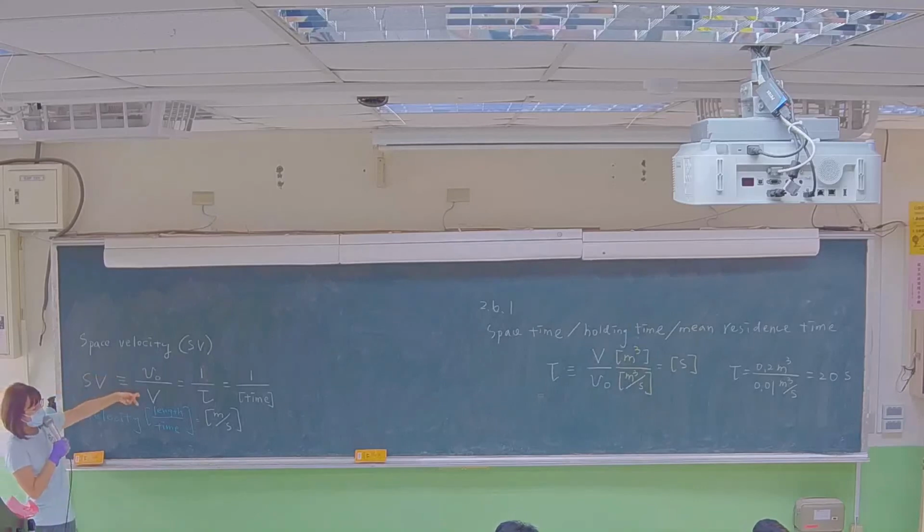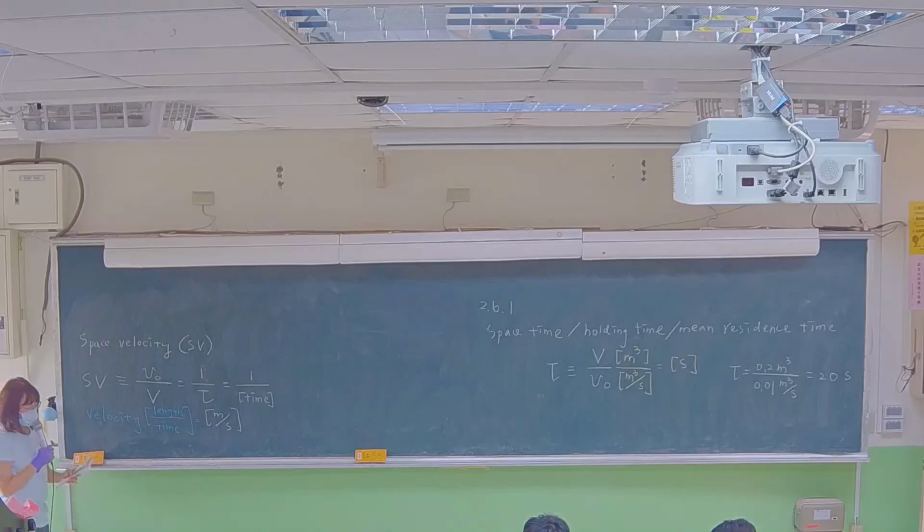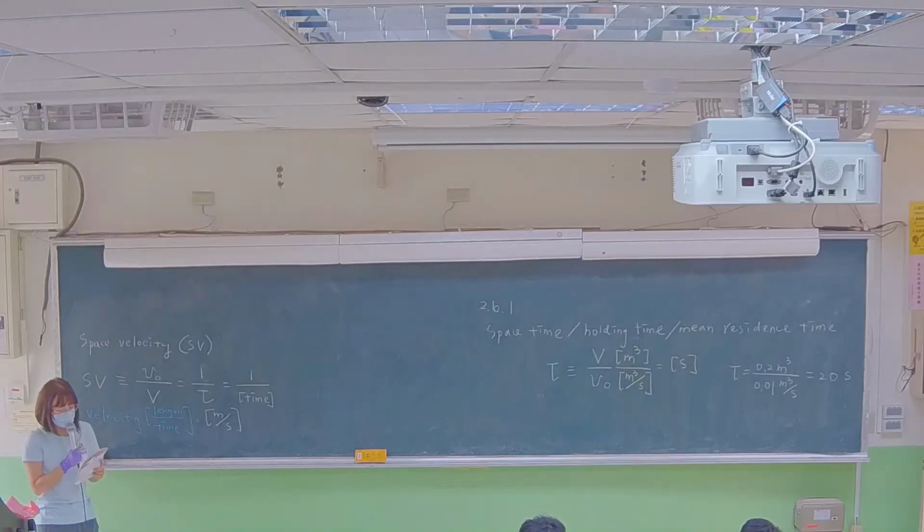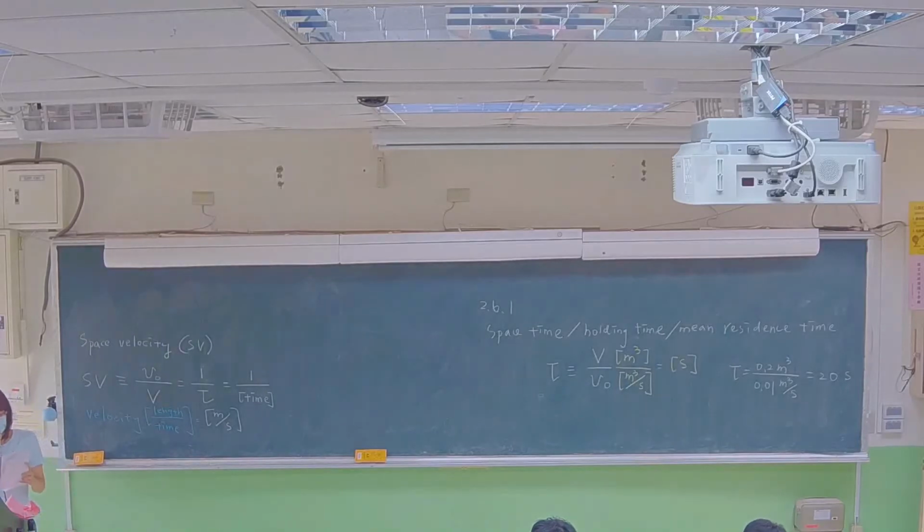You have volumetric flow rate, then you can get a space-time and a space velocity. The example is also very easy. The example is to calculate space-time and the space velocity for the reactors in example 222 and 223.